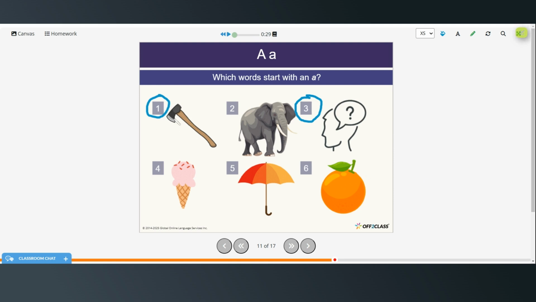Okay, so only axe and ask start with the A.